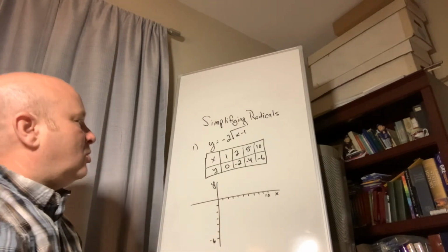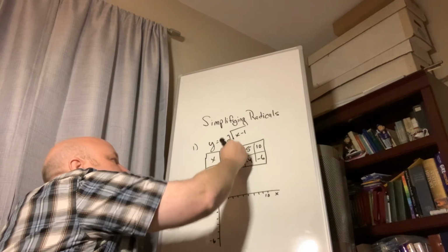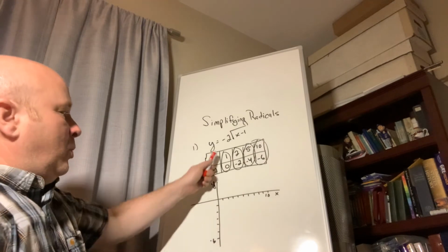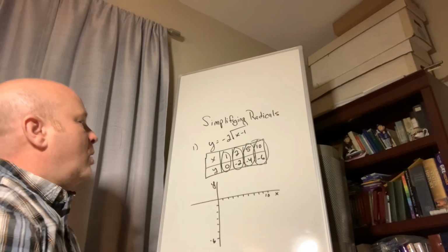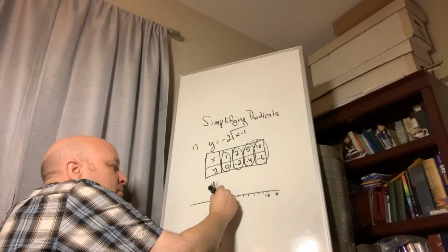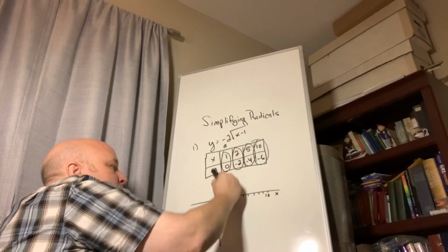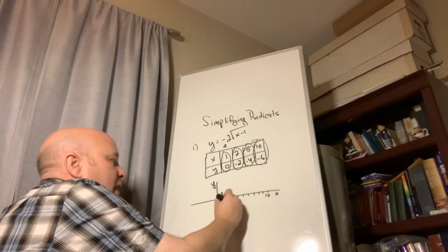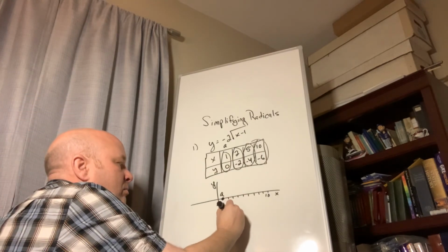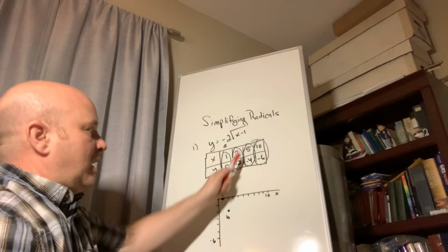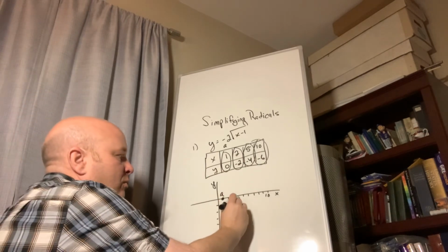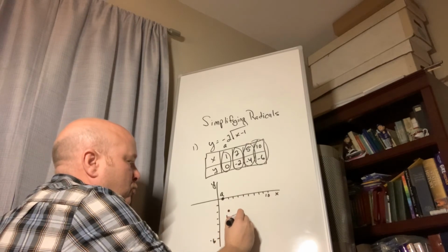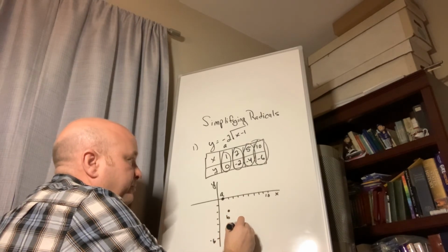Okay, so here are my ordered pairs. When x equals 1, y equals 0. When x equals 2, y equals negative 2. When x equals 5, y equals negative 4, about right there.